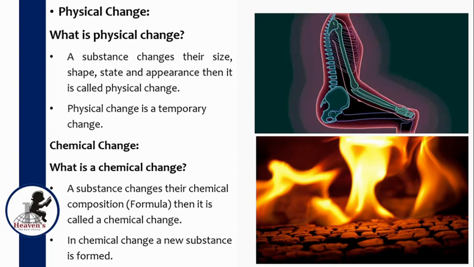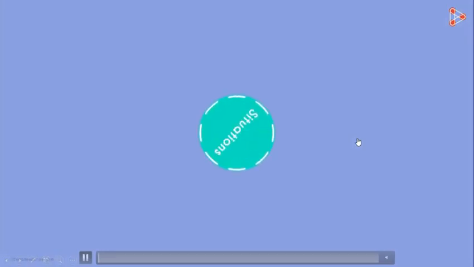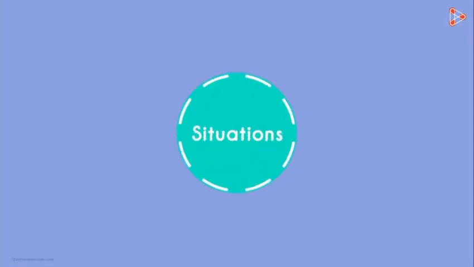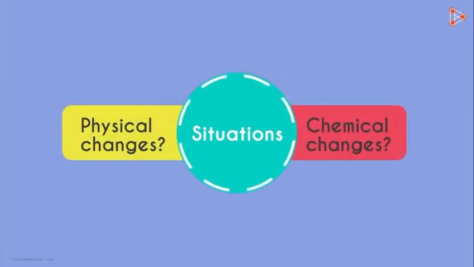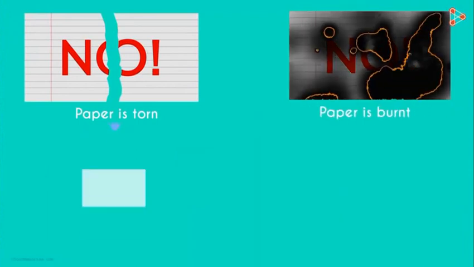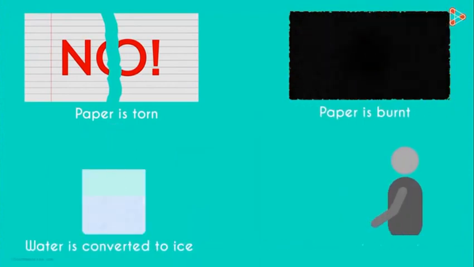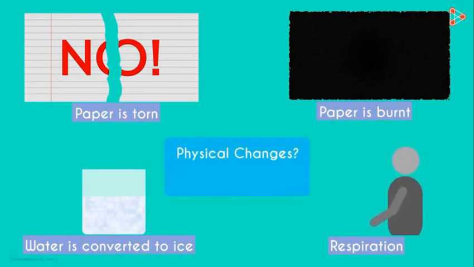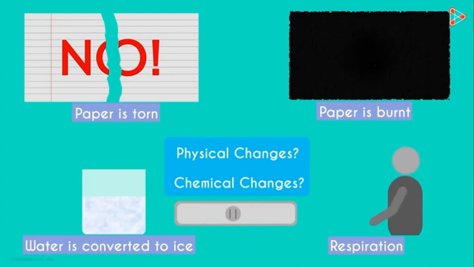So let us go to the activity. Here we have a few situations about physical change and chemical change. Paper is torn, paper is burned, water is converted into ice and respiration. Now we have to find out what are physical changes and what are chemical changes here.